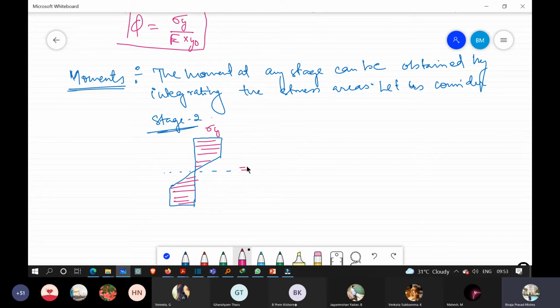This will be equal to the sum of this portion and this portion.